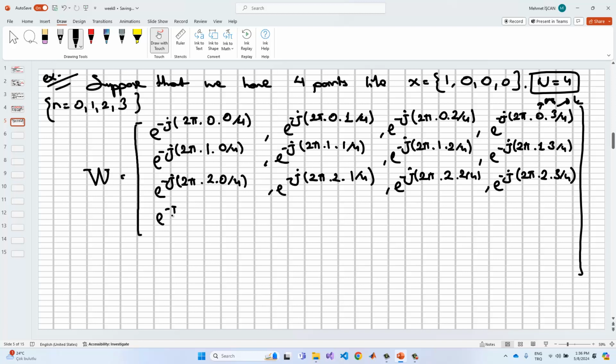And at the last case, e to the minus j 2 pi 3 times 0 over 4, e to the minus j 2 pi 3 times 1 divided by 4, e to the minus j 2 pi 3 times 2 over 4, and also e to the minus j 2 pi 3 times 3 over 4, right?